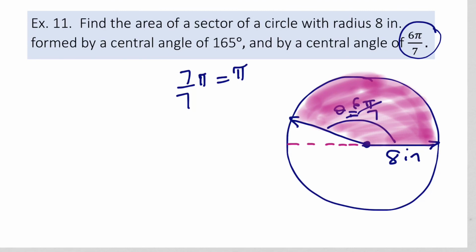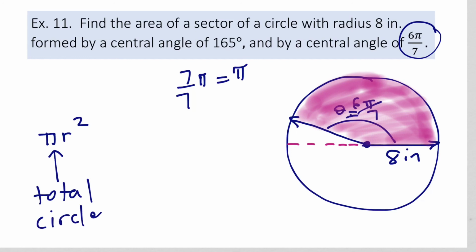So we know the area of the entire circle is pi r squared. So this is our total circle, remember? And we want to proportion that by the amount that we have relative to the entire full circle. If we're working in radians, a full circle is 2 pi radians, 1 full revolution, but we've got 6 pi over 7 radians in this problem.